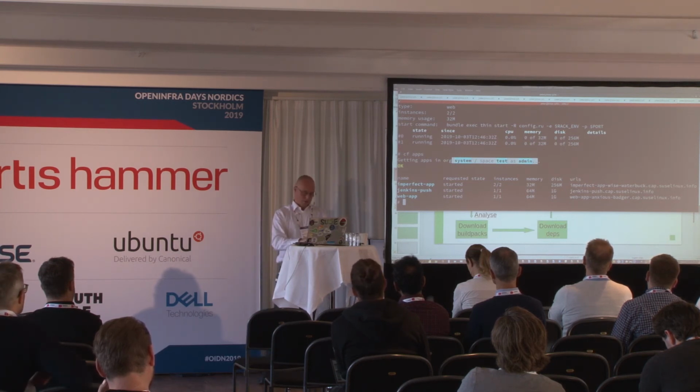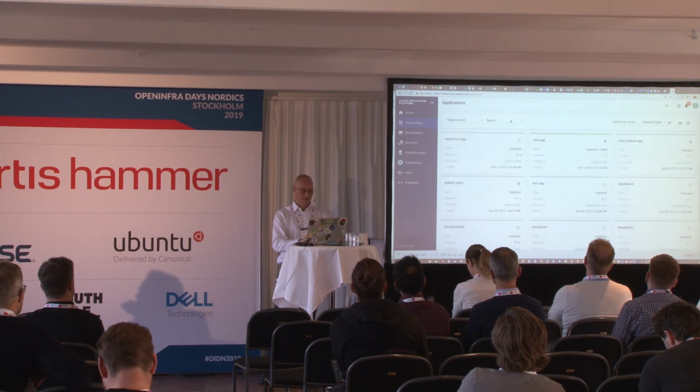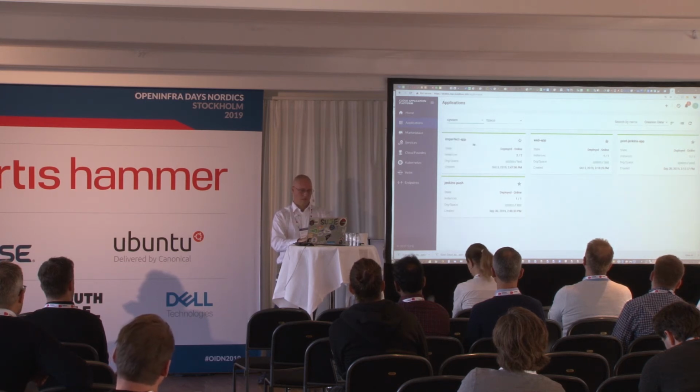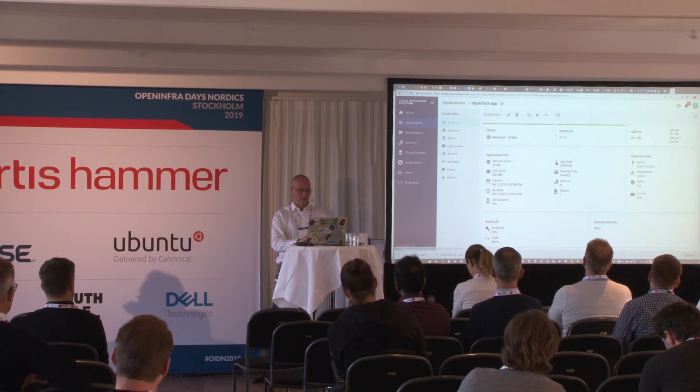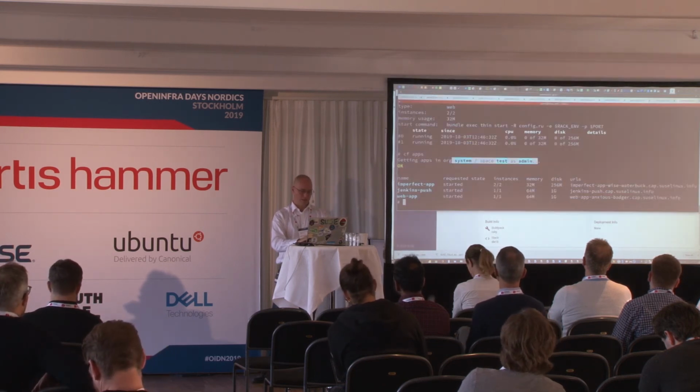All right, so now I pushed another application called Imperfect App, so we can take a look at that. Go back to applications and go to my space, and as you can see, there are quite many other applications running here, but I'm just interested in my app. So it's running, it has 2 instances. So why is that?